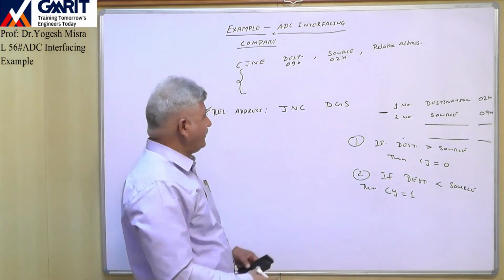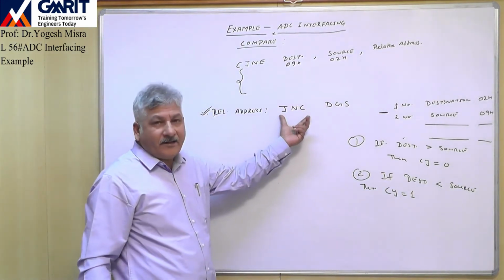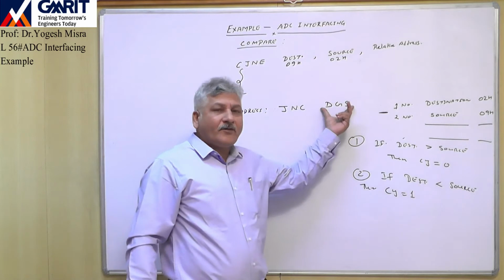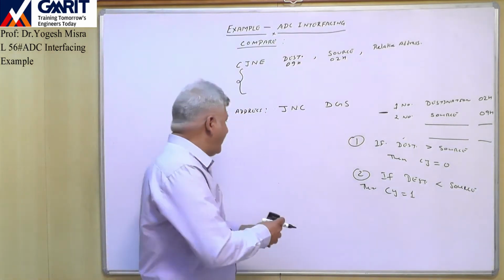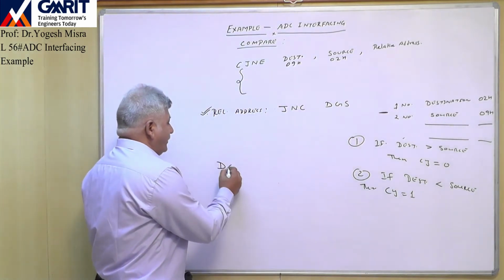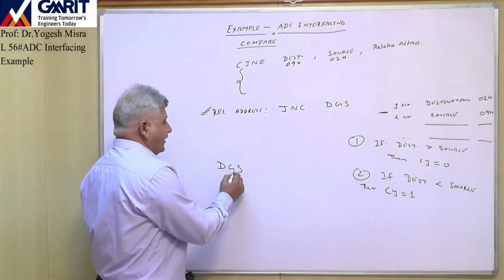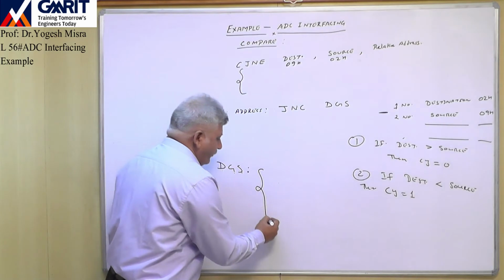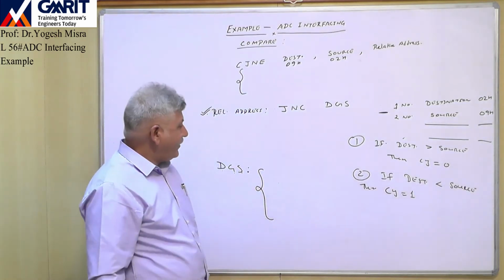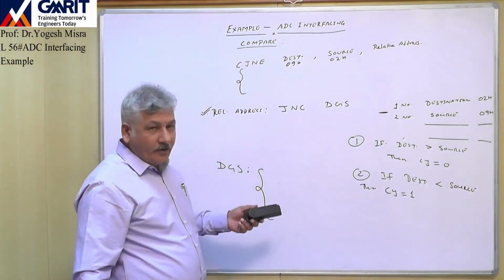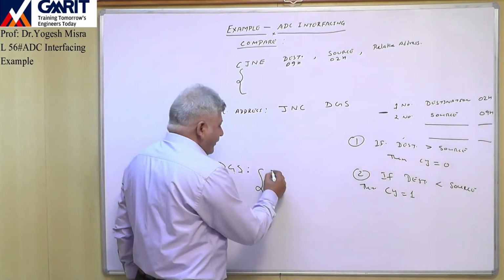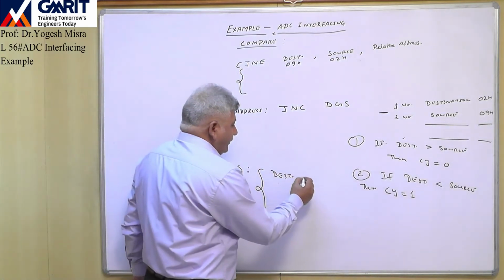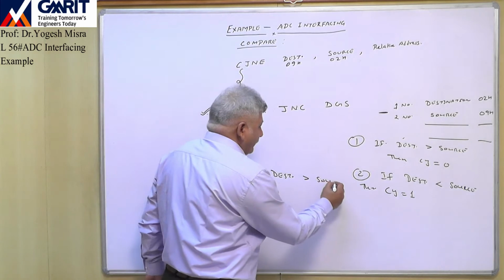The meaning is this: when no carry is generated, then I will transfer the sequence of my program to another label, DGS, meaning destination is greater than source, at this label. So here we can write a few instructions which will be executed when our destination is greater than source.